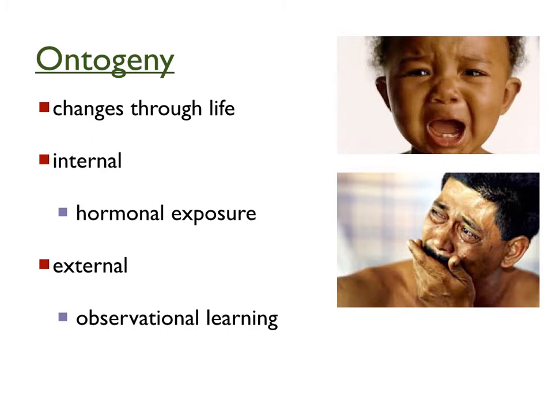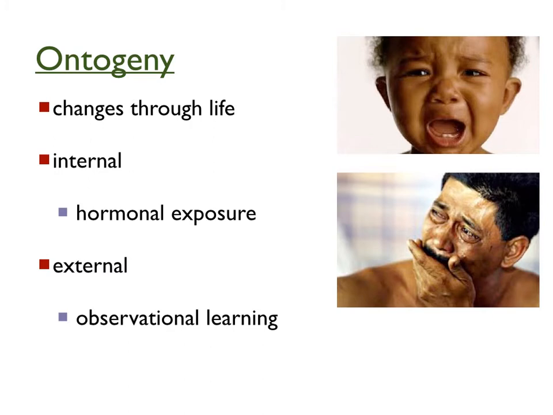And so there's, again, 2 ways we can break this down. We can look at internal changes, so things like hormonal exposure, brain development, for example, changes in the physiology. And we can also look at external reasons, and this includes observational learning, which is culture.